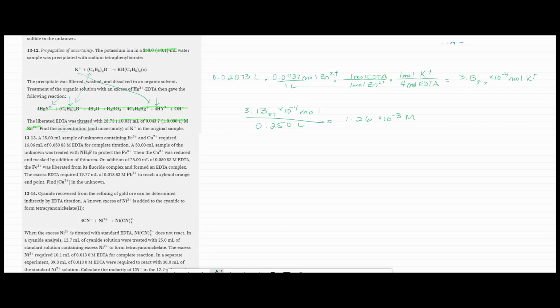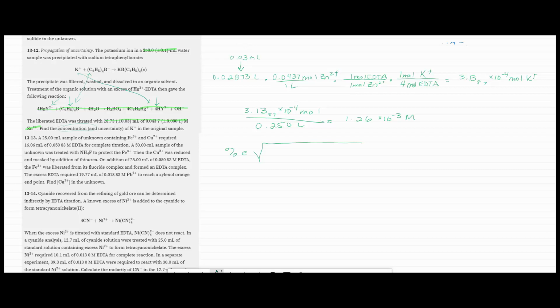So now we need to propagate that error. We were doing a lot of multiplying and dividing here, so we need to be using our percent error equation. So we need those relative percent errors. I'm going to write it all out because I just want to be as clear as possible. The error for this value was 0.03 milliliters.